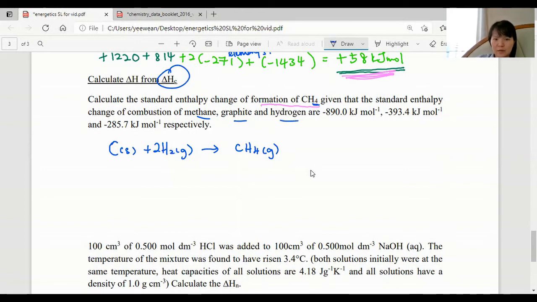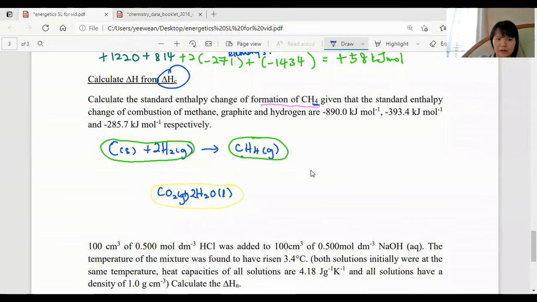So what is going to be formed when they are combusted? When they're combusted, it will form carbon dioxide and water. So graphite, when it's combusted, it's going to form carbon dioxide, 2 moles of hydrogen, so that's 2 of enthalpy change of combustion of hydrogen gas that will form water.